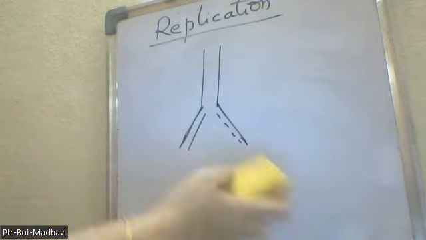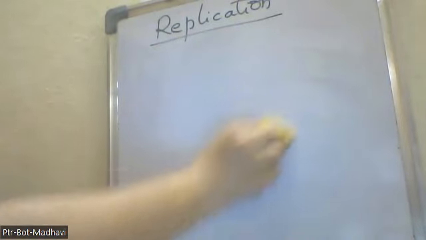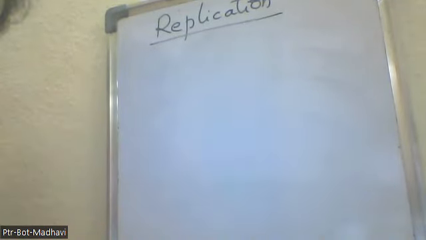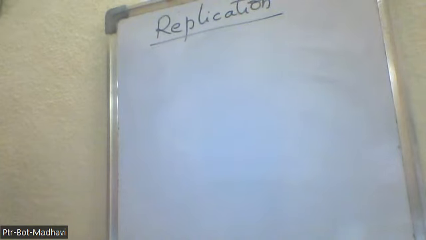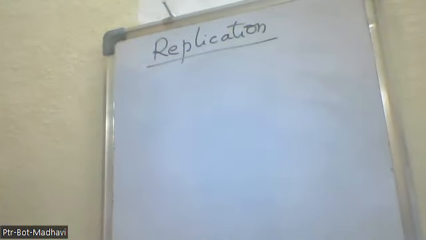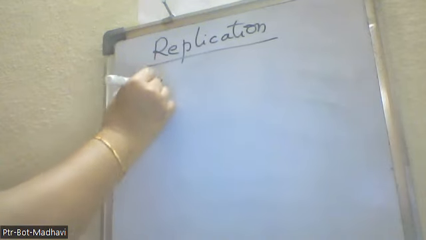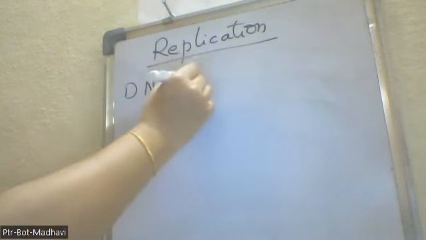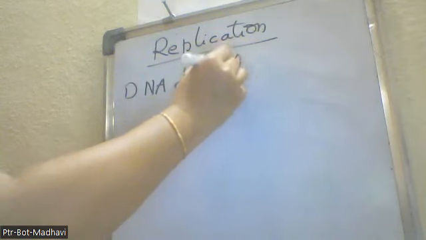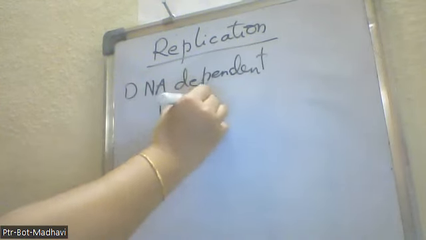Here we are saying DNA can do the replication. That means it can make its original copy. So how does this replication occur and what are the things behind that, which are necessary for the organism? For doing the replication, it needs one enzyme, that is the DNA polymerase enzyme.